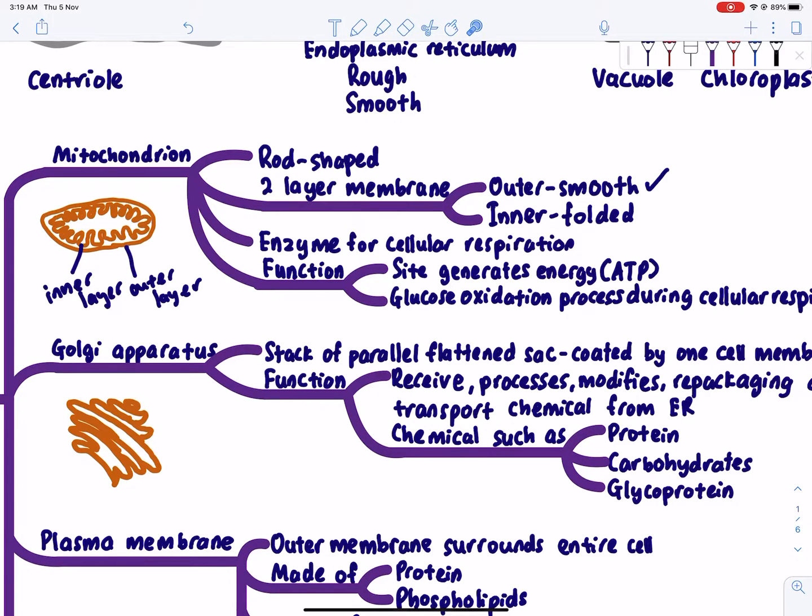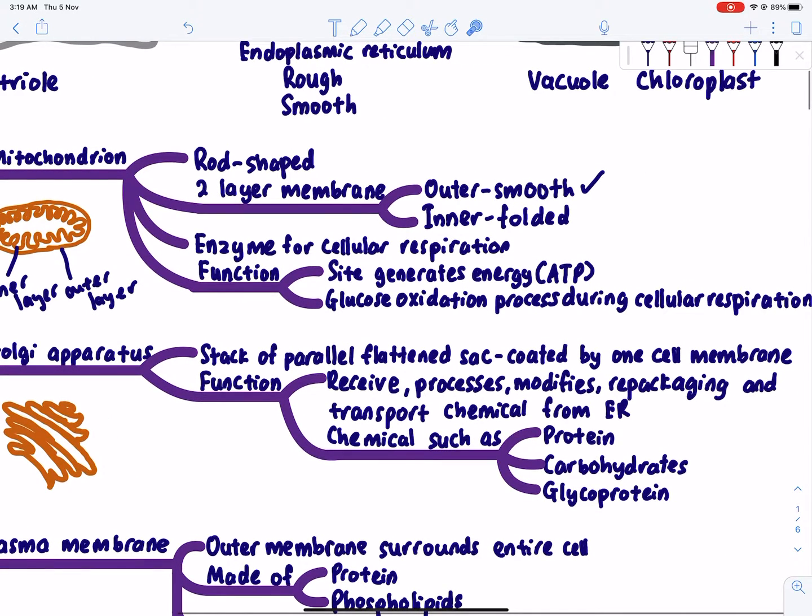Even though there is a process without using the mitochondria that can still produce ATP, it is more efficient to use the mitochondria. More ATP is produced if the process goes through the mitochondria.